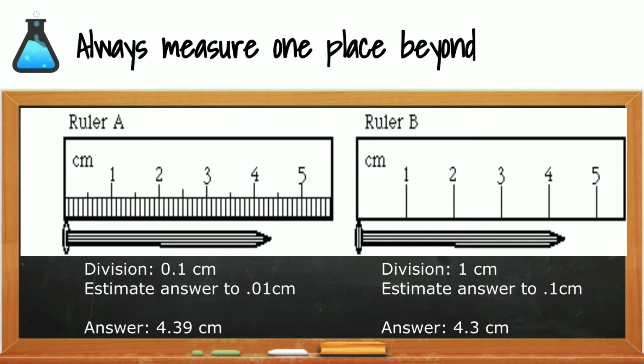So notice how we have the same nail, but since we have different rulers, the better ruler on the left has more place values in the measurement than on the right. Again, science is a system, so this is the system we use for measuring one place beyond.